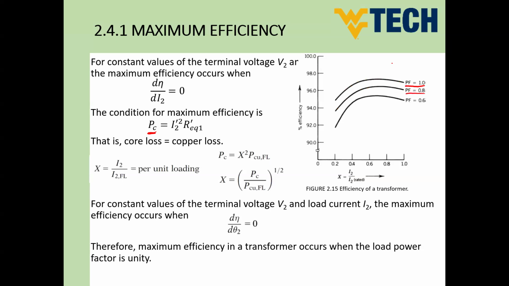So we have two conditions now, global and local maximum efficiency. In general, if we didn't define whether it is local or global, you can consider the maximum possible, which is the global one, the maximum efficiency at unity power factor. So this is the condition of maximum efficiency.